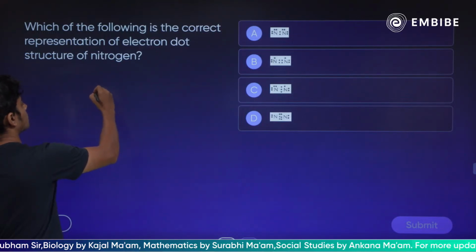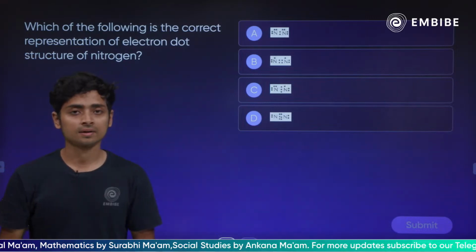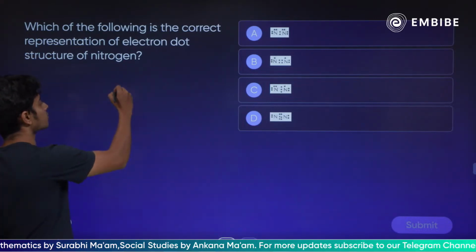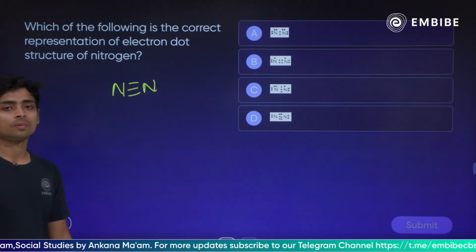Its valence shell should contain 8 electrons, and I know nitrogen forms a triple bond with itself.